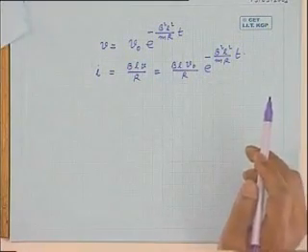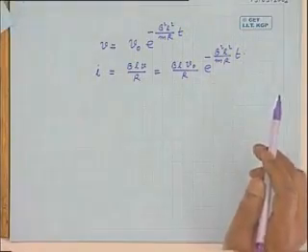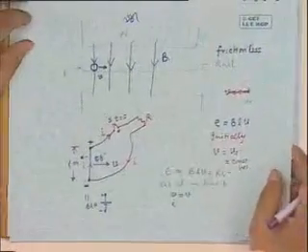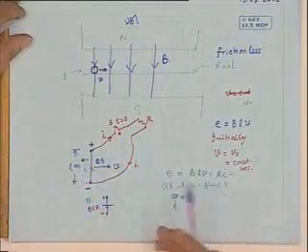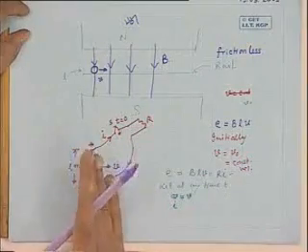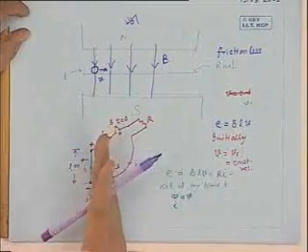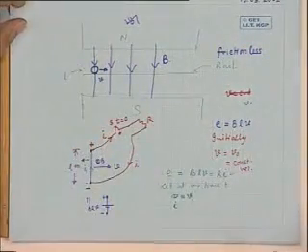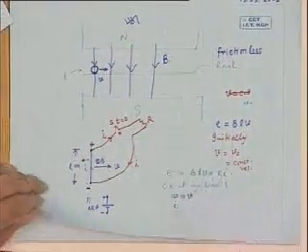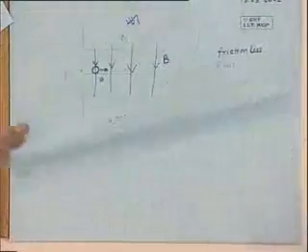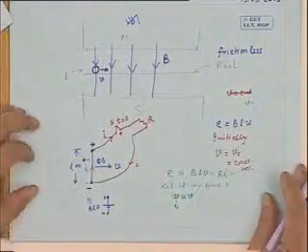Now this result should not surprise us, because that is what we expect. The moment you close the switch, there appears a retarding force from right to left. Therefore, the velocity of the conductor must decrease with time, and of course it decreases exponentially. Similarly, current will decrease.